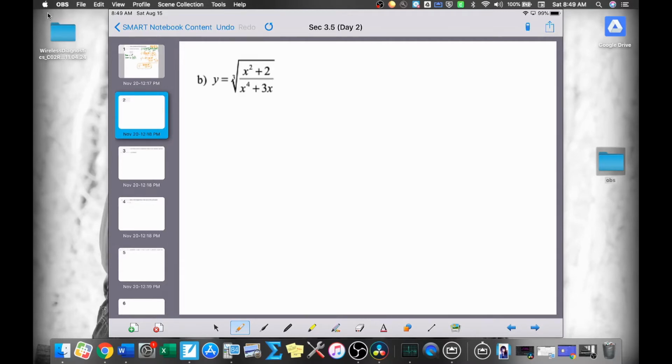So now notice that I have a quotient underneath my root. So we need to think about what is our outer function and what is our inner function. Remember that a cube root is a 1/3 power.